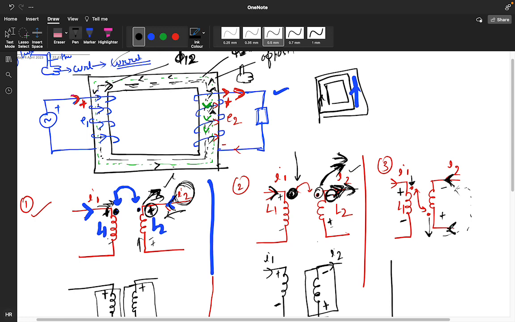And what is happening here, the current is entering into this terminal, and you have to see the dot part. You go to the dot part directly. If the current is entering in this terminal, then current should leave from the dot terminal, right?